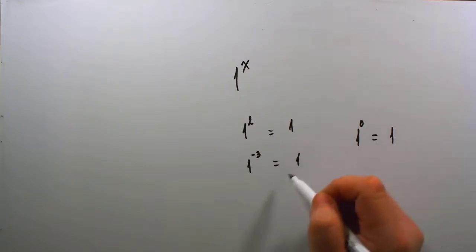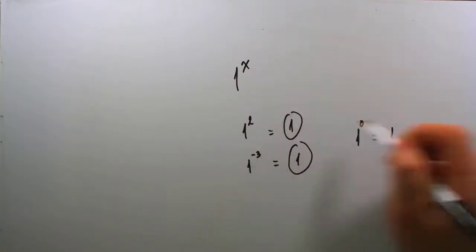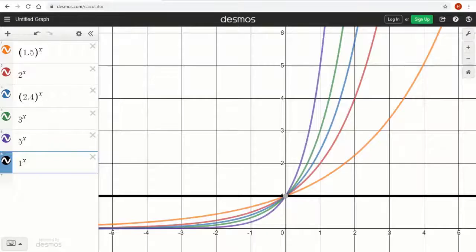And that is the reason why all output values remain 1. That's what explains 1 to the x as an exponential function whose graph is a completely straight, flattened horizontal line, shown in black in the graphing area.